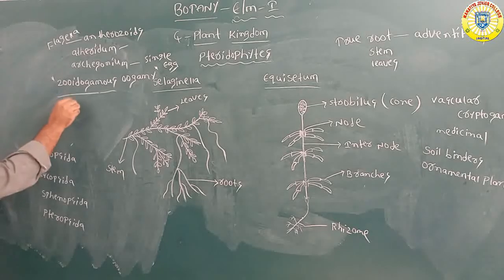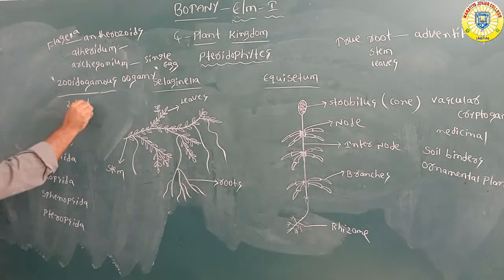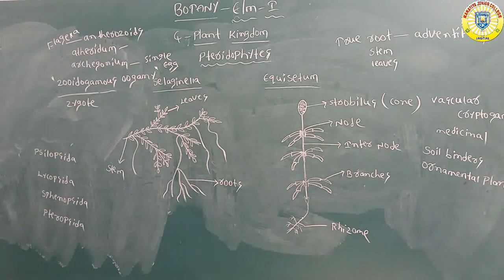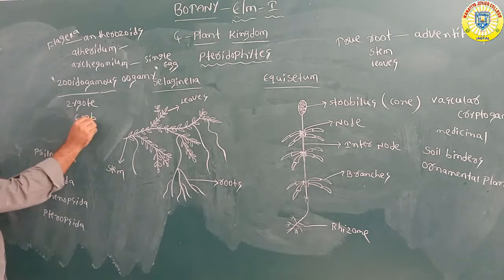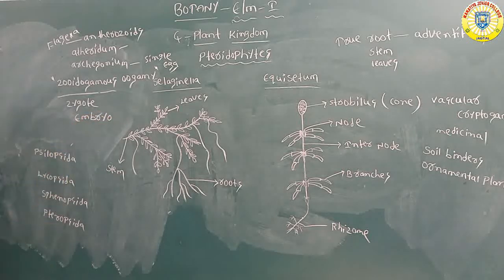After fertilization, the zygote is developed. The zygote is converted into an embryo.